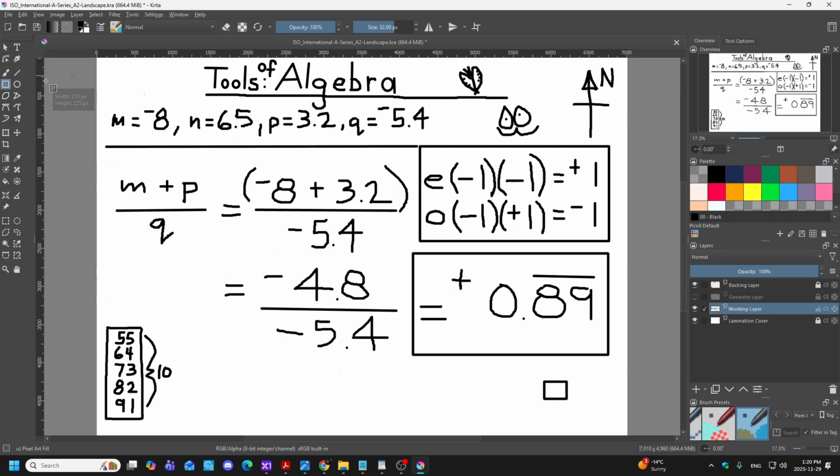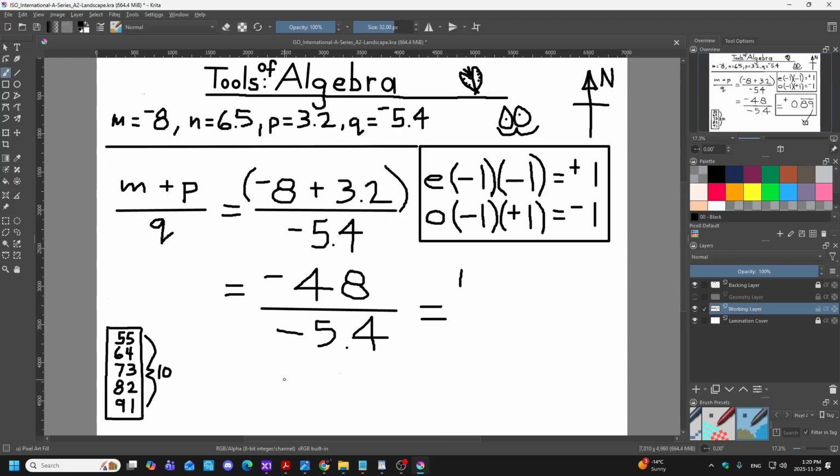But recall, repeating values are also rational numbers. All right, good job.